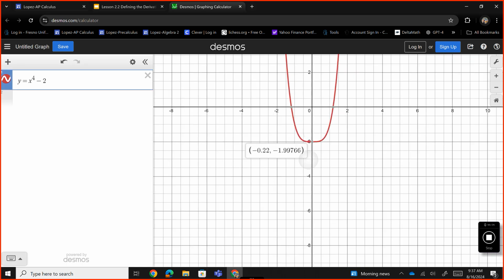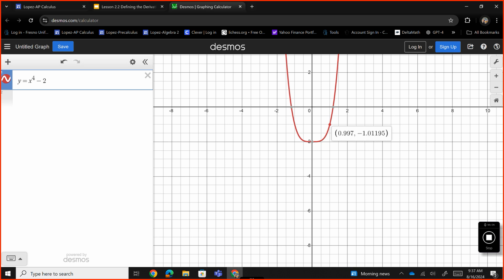And no, at the point 1 would be negative 1. If you plug in x is 1 here, you still get 1 minus 2 is negative 1. So that is at the point 1, negative 1, right there.